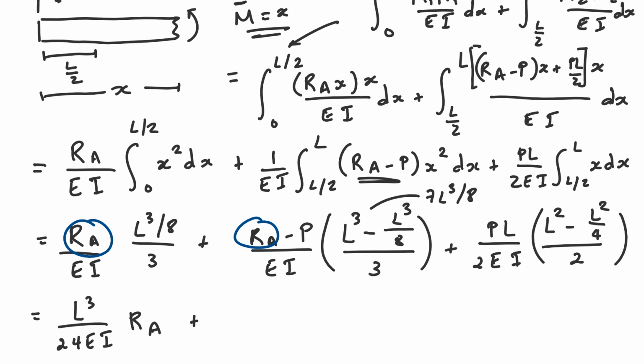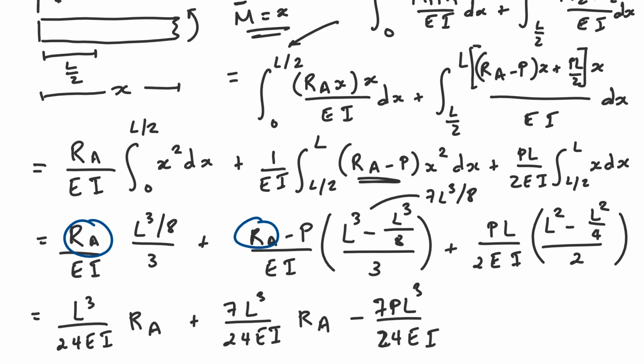Okay, so this is going to be plus 7 L cubed over 24 EI RA minus P 7 PL cubed over 24 EI. And then lastly, this guy, well, what's L squared minus L squared over 4? 4L squared over 4 minus L squared over 4, this is 3L squared over 4. So plus 3L cubed P over 4 is going to be 16 EI.